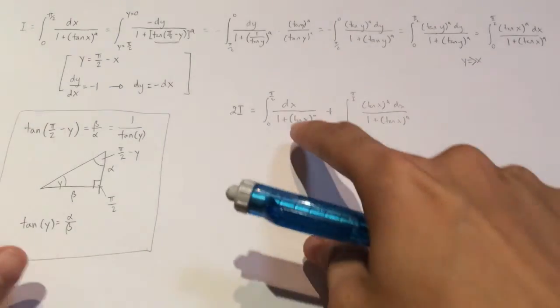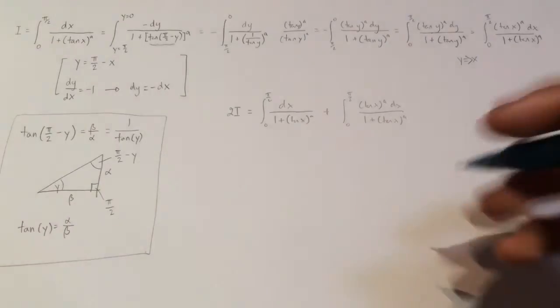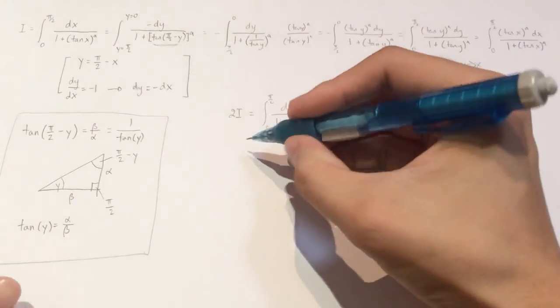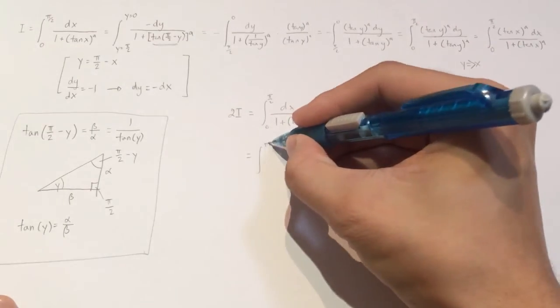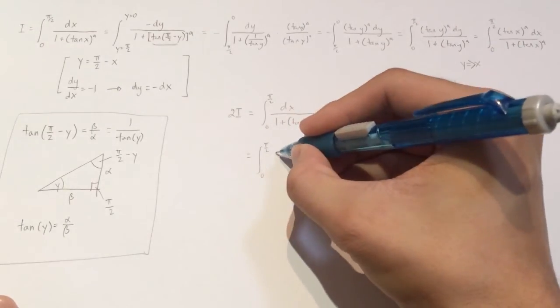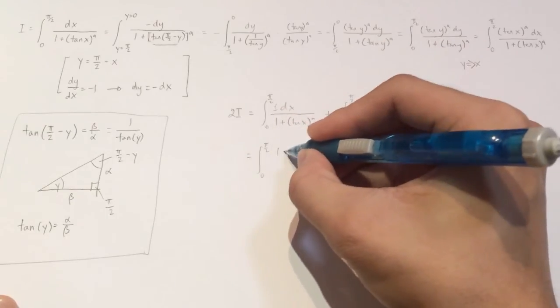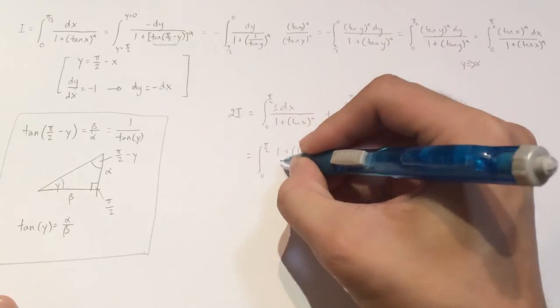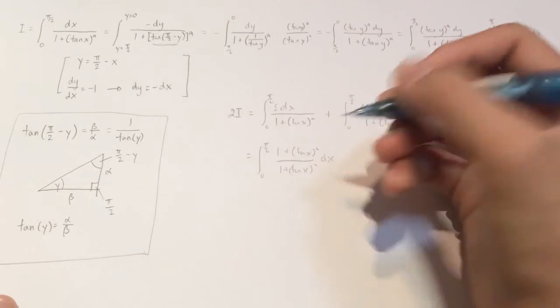Because both of these are integrals with the same limits and with respect to the same variable, I can combine the functions inside together. If I combine the functions inside, it's just like adding fractions together. This one, obviously there's a 1 at the front, so this would become 1 plus tan x to the power of a, divided by 1 plus tan x to the power of a. Hopefully you see something here, dx.